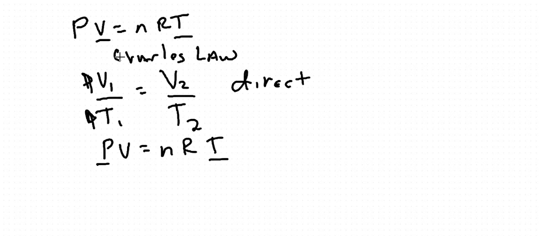If V and T are directly related to one another, how would P and T be related to one another? Indirectly. When temperature. This is what you need to remember. When two variables are separated by an equal sign, it's always a direct relationship. When two variables are on the same side of the equal sign, it's always an inverse.